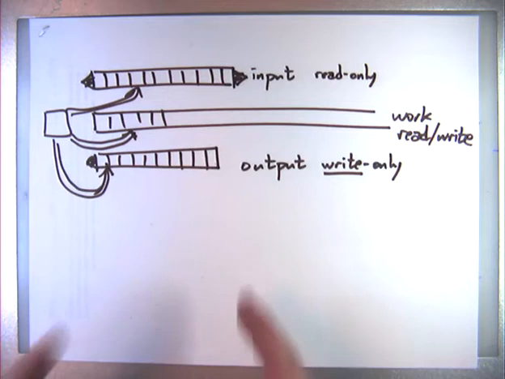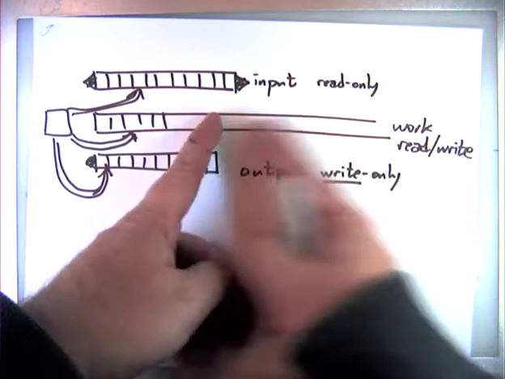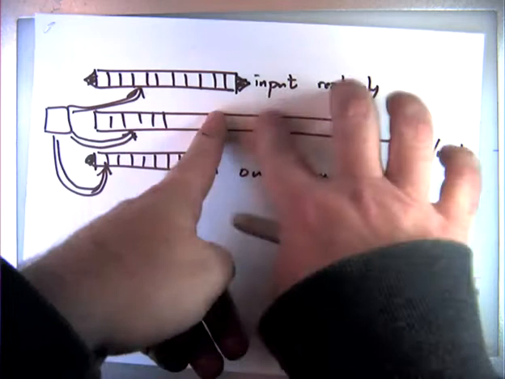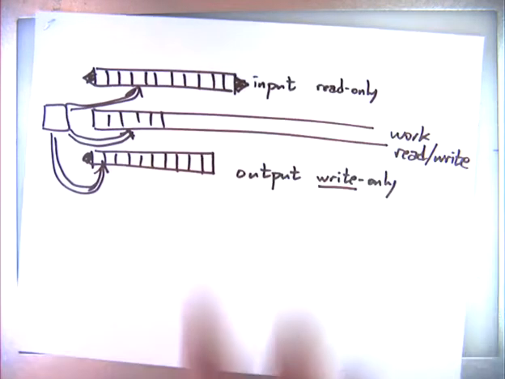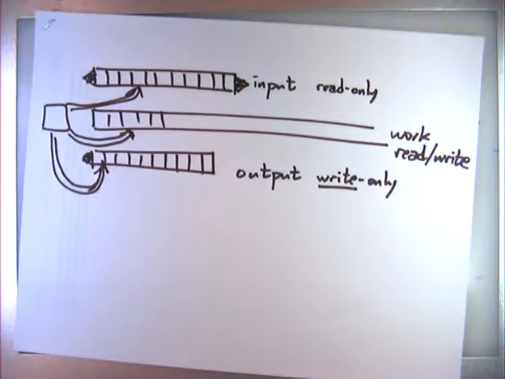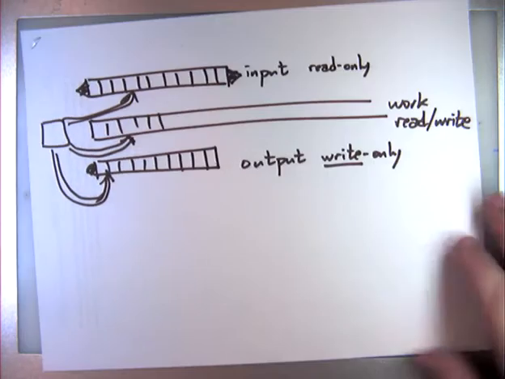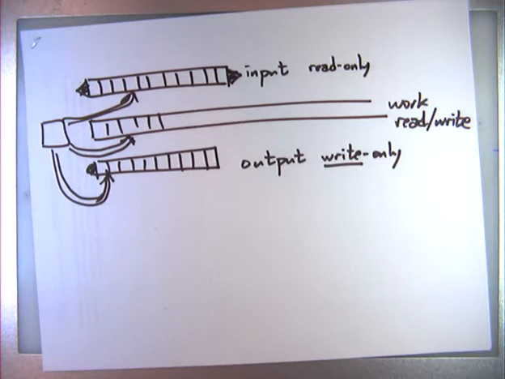I just have to remember when I finally compute the output to copy it from wherever it is on the work tape into the output tape. Okay? So when we're designing Turing machines to actually compute things, we can give ourselves some additional structure in the machine model without changing what functions we can compute or what languages we can accept.